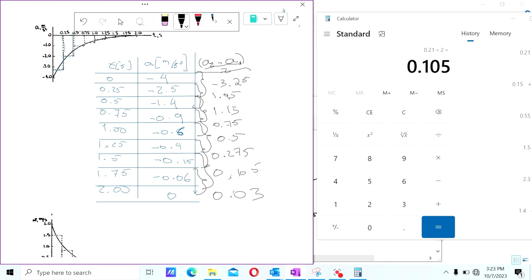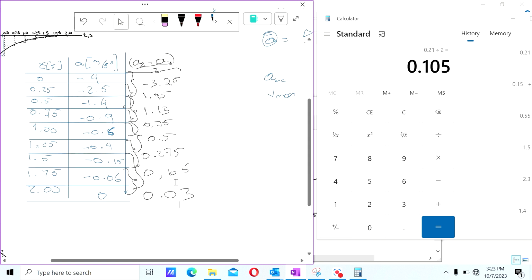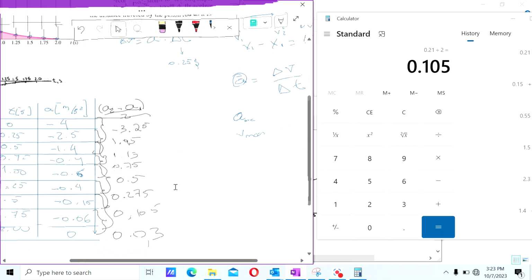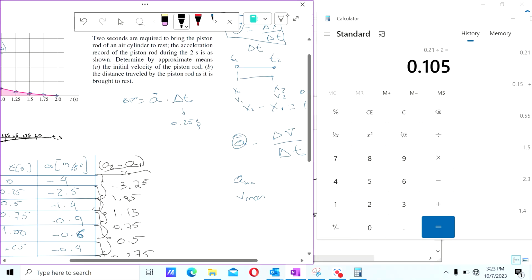Okay, so we have these acceleration points. All right, let me go ahead and get rid of something else, which is that formula here, so we can keep building our table.